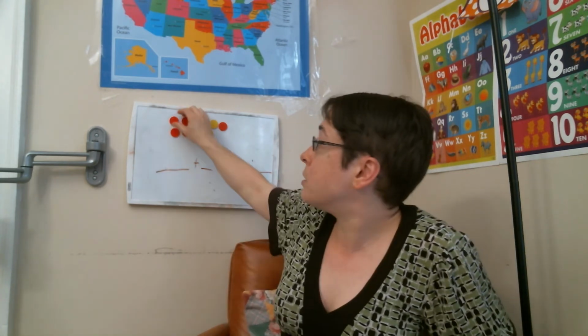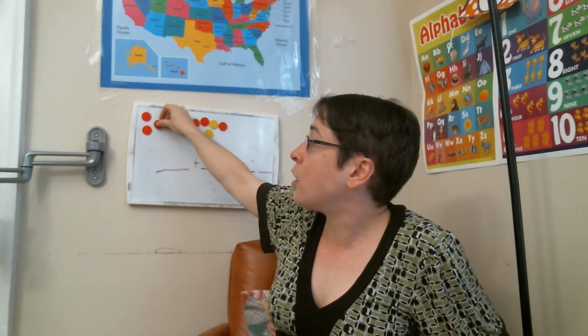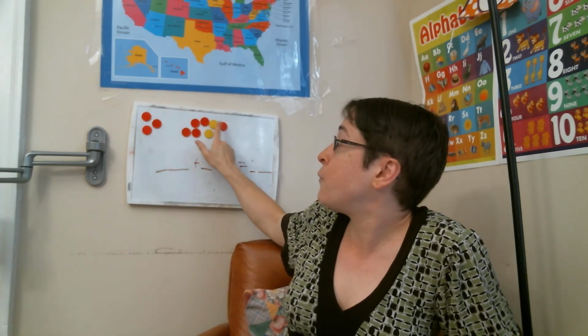How many bears are there all together? So how many bears are sleeping? 3. So I'm going to move 3 bears over here. That's how many are sleeping. And how many are eating honey? 7. 1, 2, 3, 4, 5, 6, 7. Those bears are eating honey.